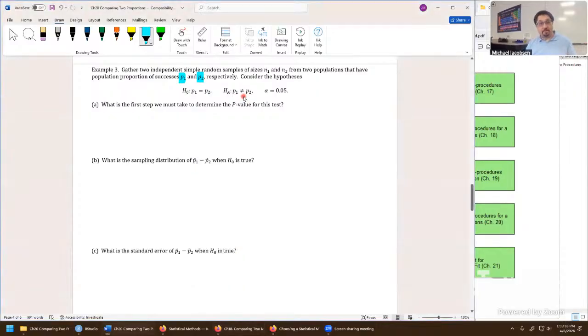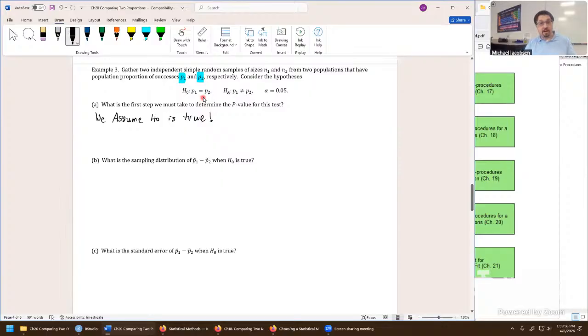But no matter what the alternative hypothesis is, the first step we take, no matter what, in order to come up with a p-value is we assume H naught is true. And it's a massive assumption. It was a big deal in chapter 19. And it's an even bigger deal here.